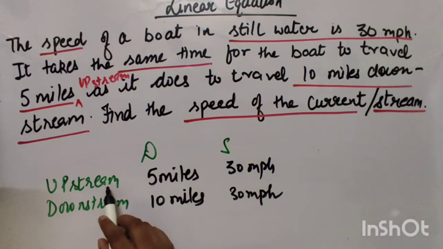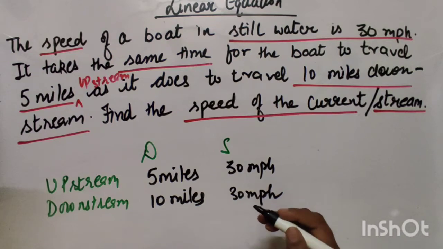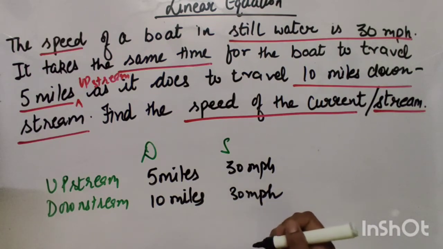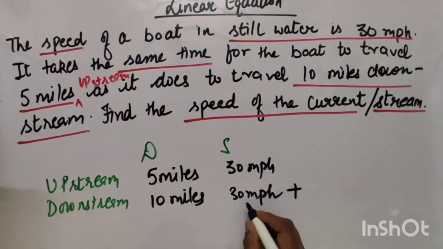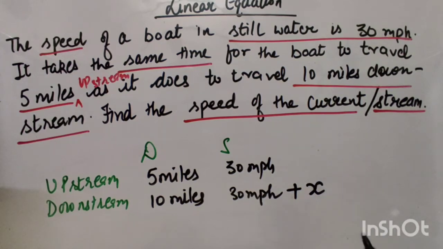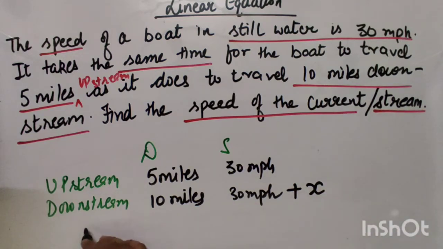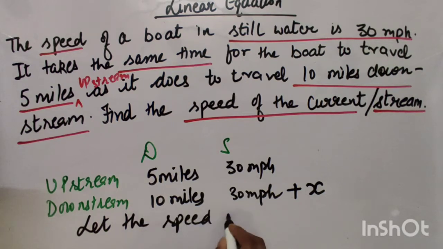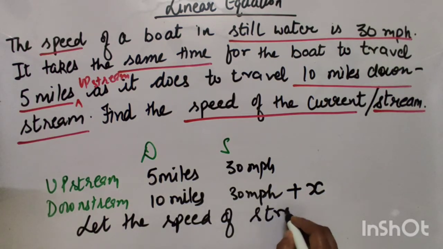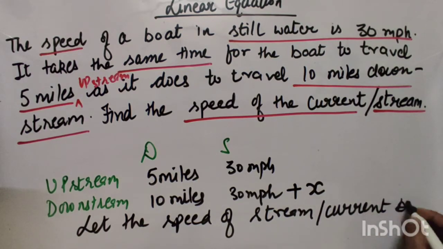When we want to write down the speed of the stream, we already know that when the boat is moving in the direction of the stream, the speed of the boat gets added to the speed of the stream. So here we need to find the speed of the current or the stream. Let the speed of the stream or current be x.